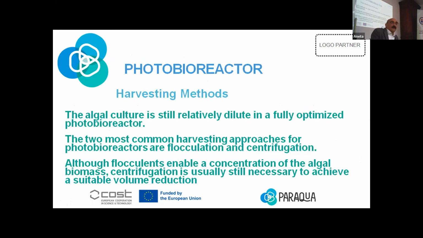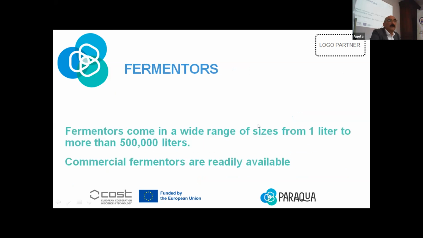Harvesting methods: it's a dilute solution, and you usually have two common harvesting approaches, flocculation and centrifugation. Even if you use flocculation to flocculate the cells, you still have to use a centrifuge in order to remove most of the water.